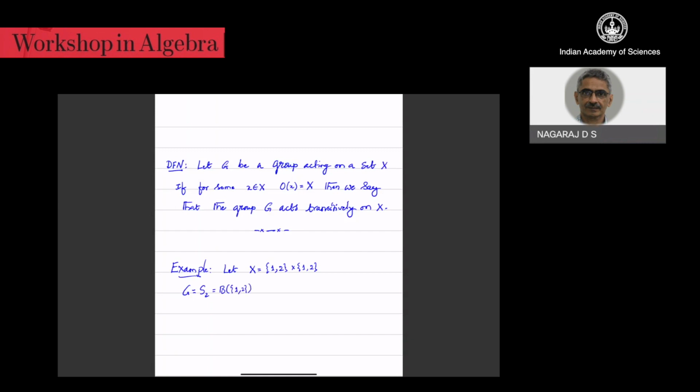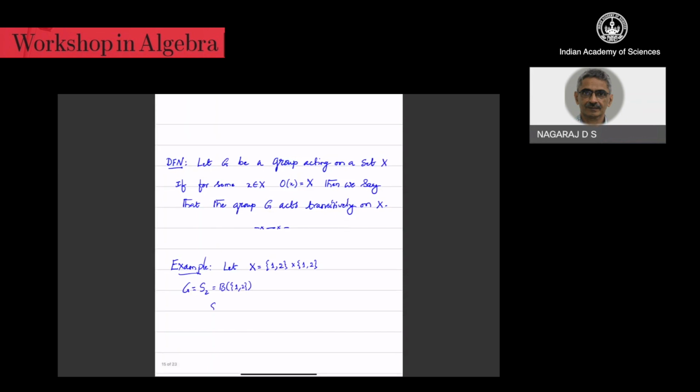Then I will define an action of S2 on X. Namely, take an element sigma here and take a pair (a, b) in X. I send it to (sigma of a, sigma of b).